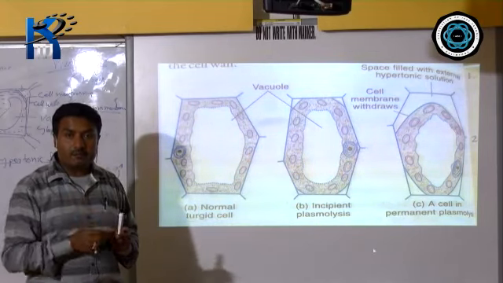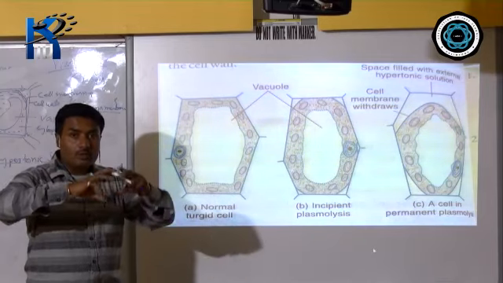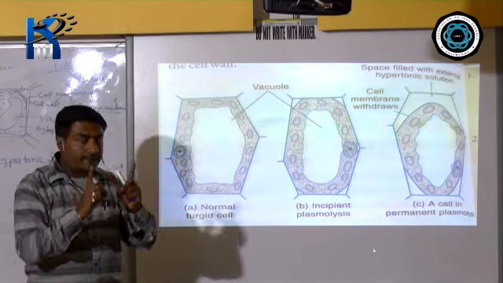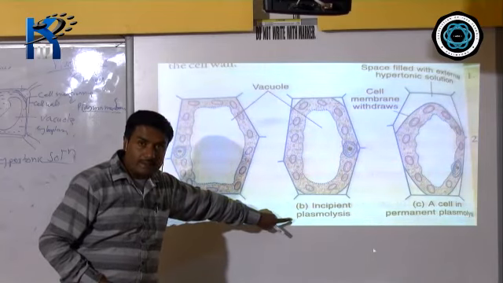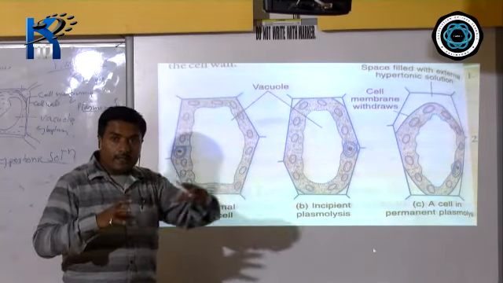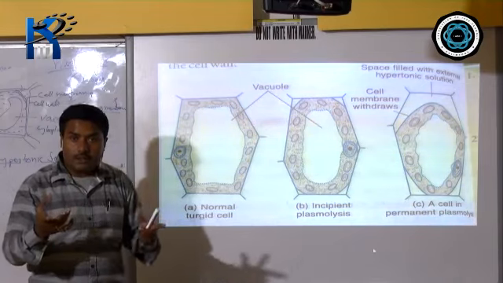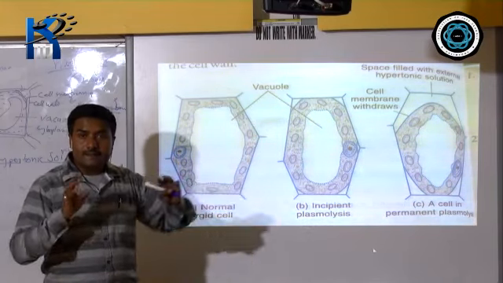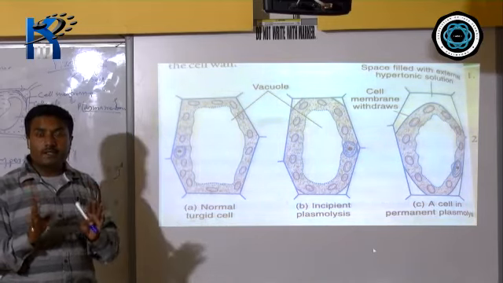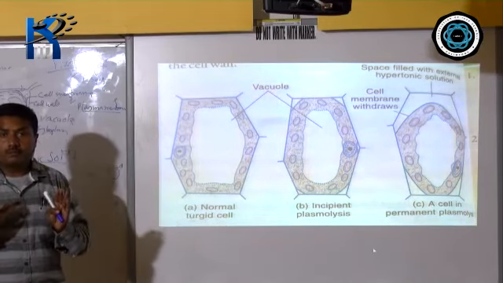But initially you have to understand, when you are adding the salt, slowly in one cell, another cell, first incipient plasmolysis will take place. Then, when that cell remains for a longer period of time, you call it permanent plasmolysis. This plasmolysis will lead to the wilting of the plant.